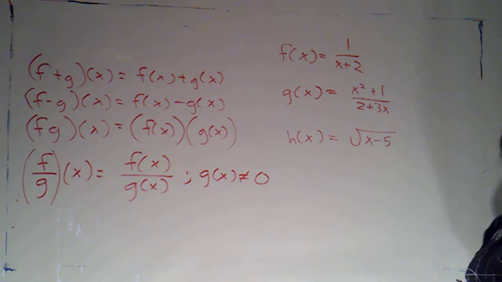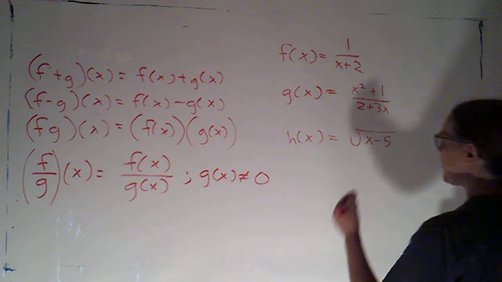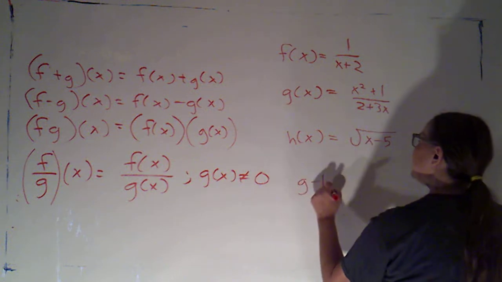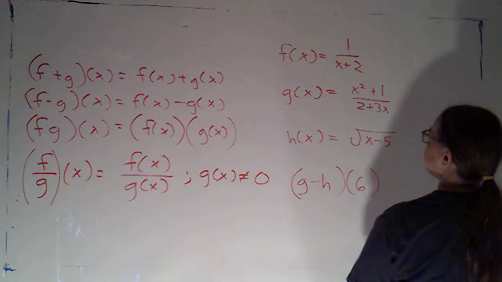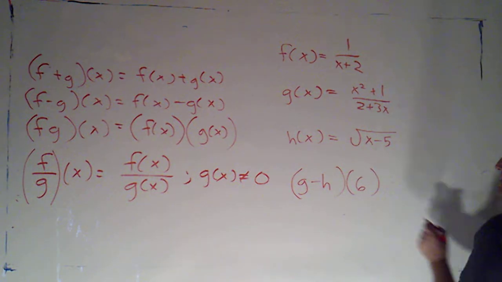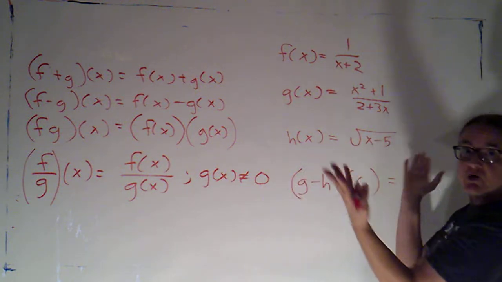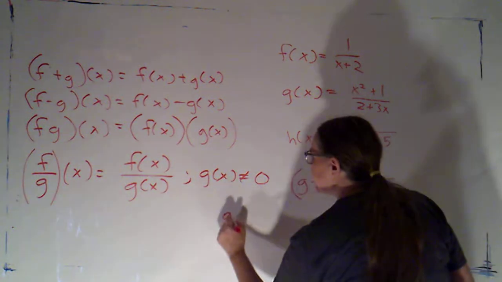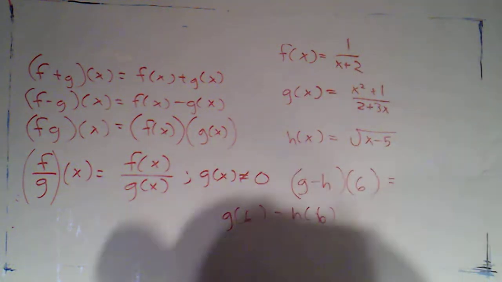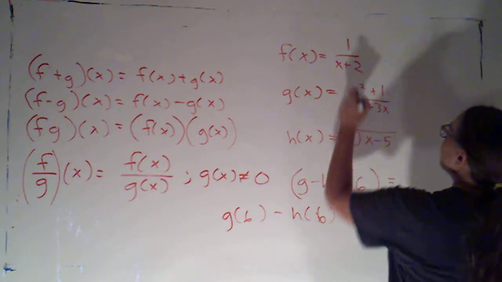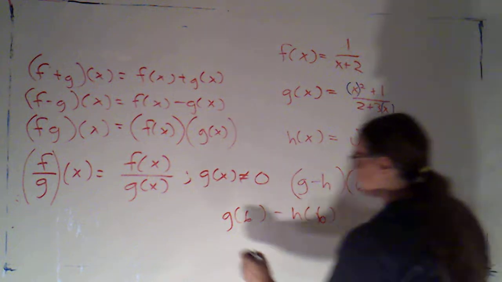Let's do one together and then I'll give you some to work on. So let's just try a subtraction problem. Let's say I wanted to do g minus h of 6. That's saying take this input, plug it into both functions, subtract the results. So that's just going to be g of 6 minus h of 6. For g, I'm plugging in x to 2 different locations.